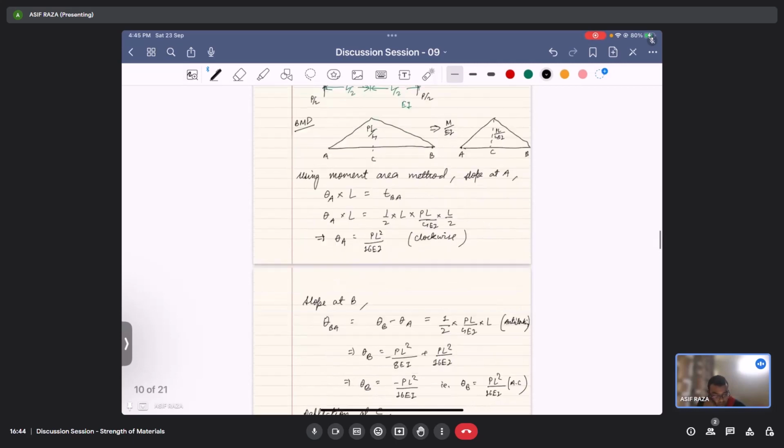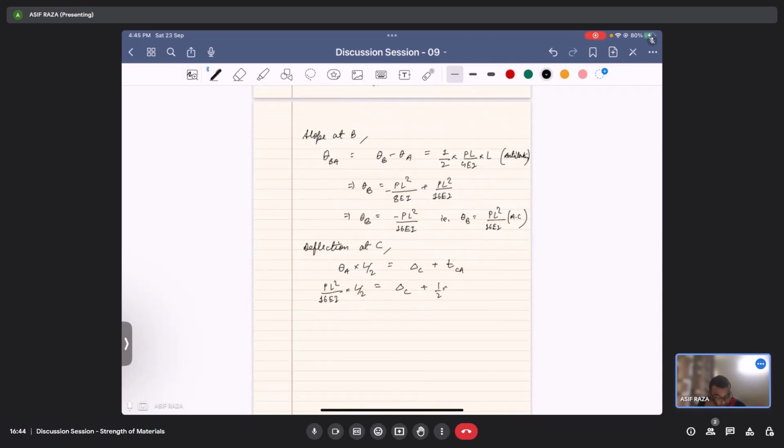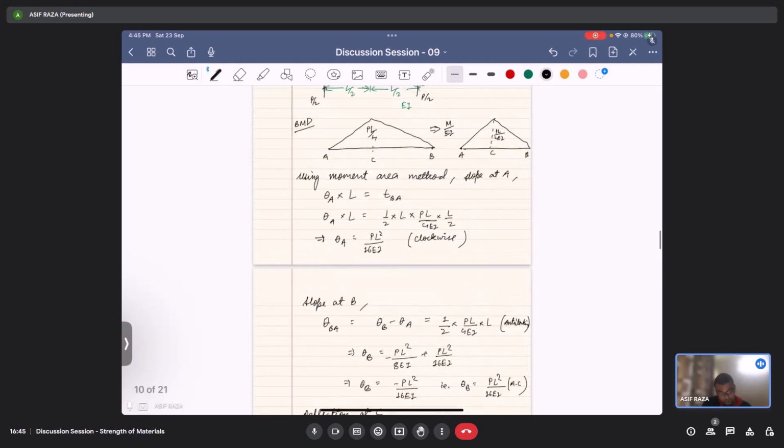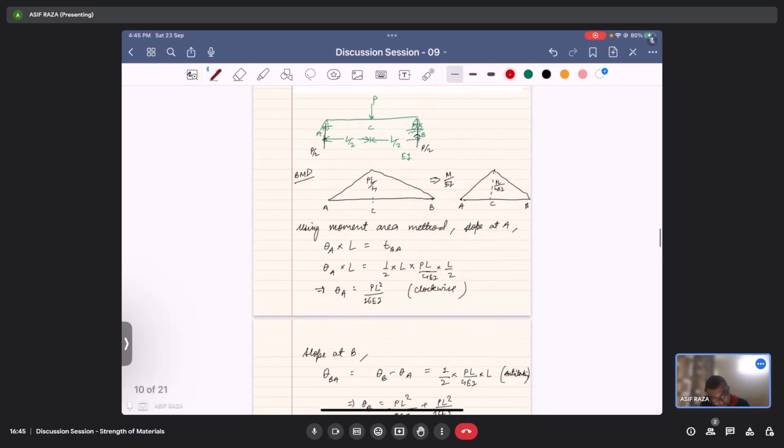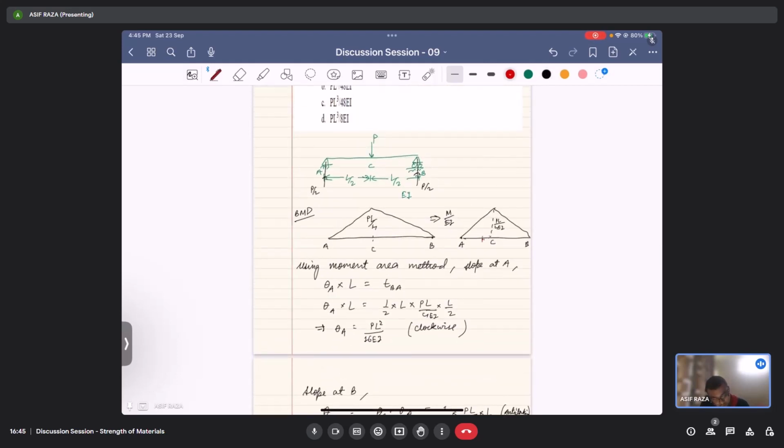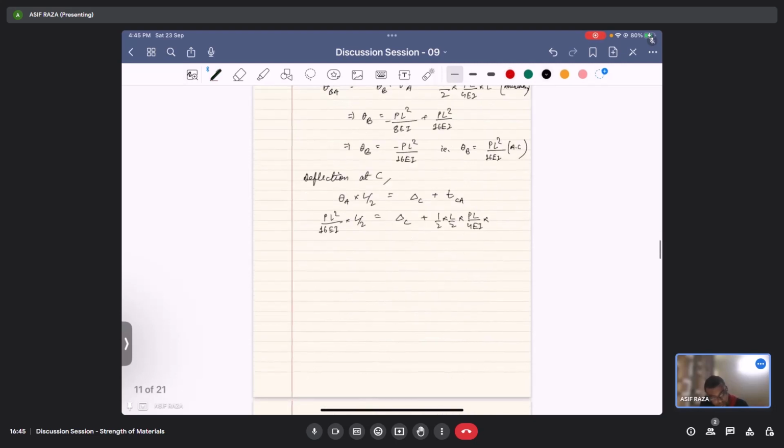From the bending moment diagram, the area between A and C is half into L by 2 times PL by 4 EI, and the moment is taken from this side, one-third of L by 2, that would be L by 6. Okay, now let's solve this.